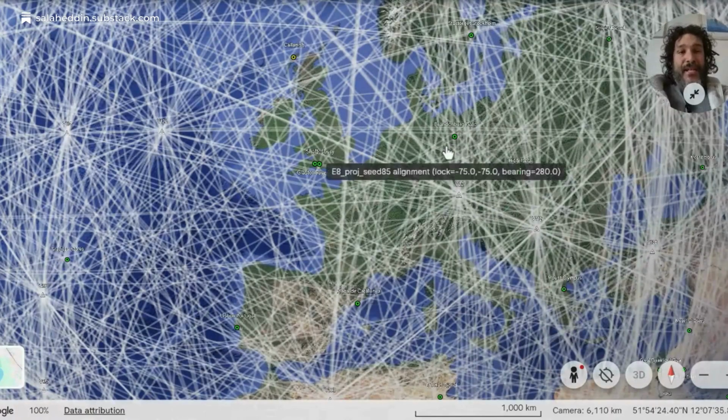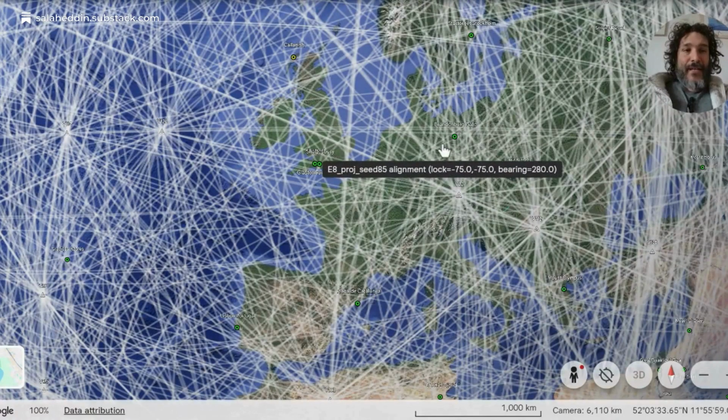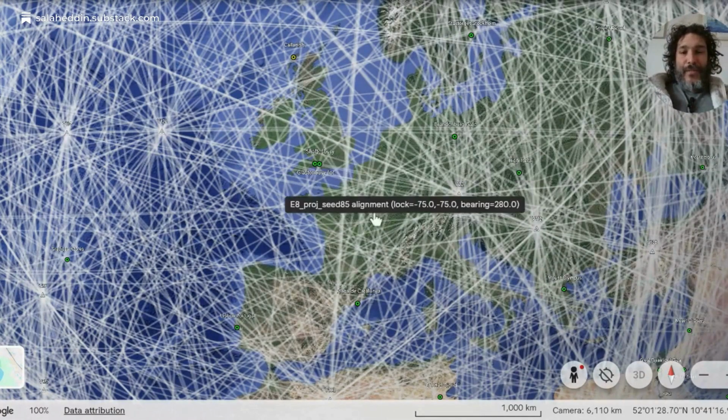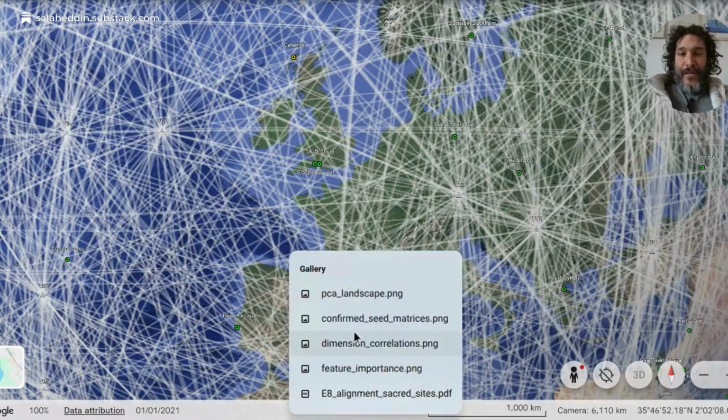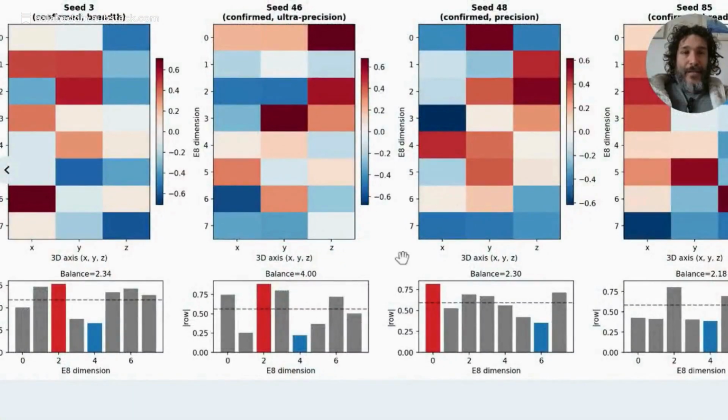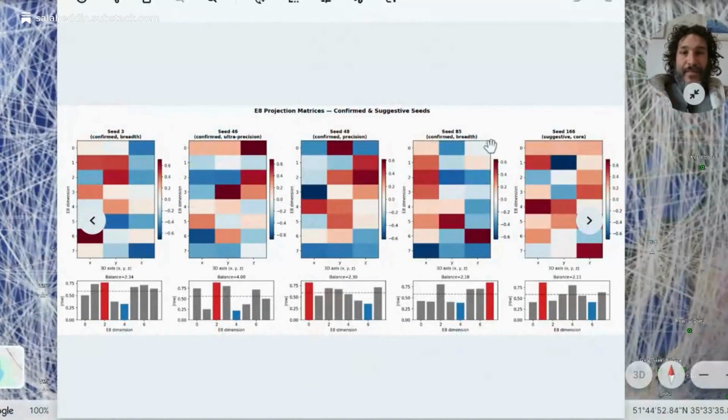We use the Equalizer analogy to make 8 dimensions accessible in a way. So let's have a look at this figure, confirmed seed matrices.